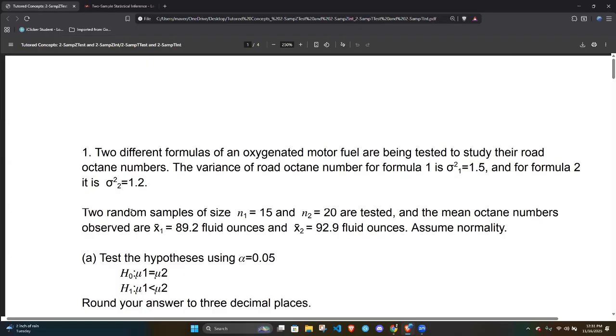So in this two sample z-test function, it asks us for the standard deviation for Formula 1 and for Formula 2. It asks us for the first and second sample means, as well as both the sample sizes. And additionally, we are testing that the difference of the population means is less than 0. So we will also put that into the calculator function.